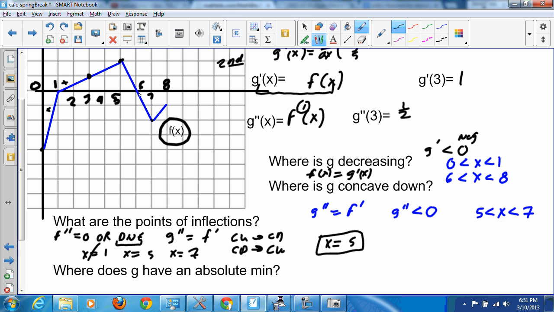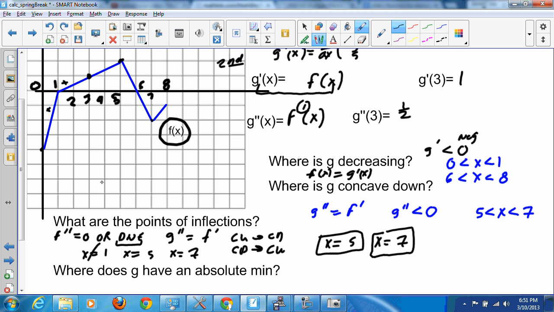And then, of course, down here at 7, we're negative to the left, and once we turn the corner, we become positive. So x equals 7 is a point of inflection where it switches concavity from concave down to concave up. At 5, we're concave up because of the positive slope, and then we go to negative slope, so we're concave down at 5.